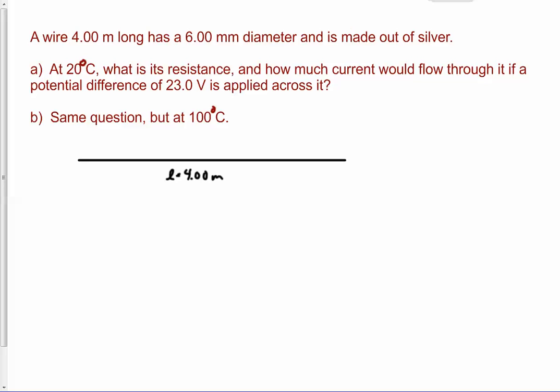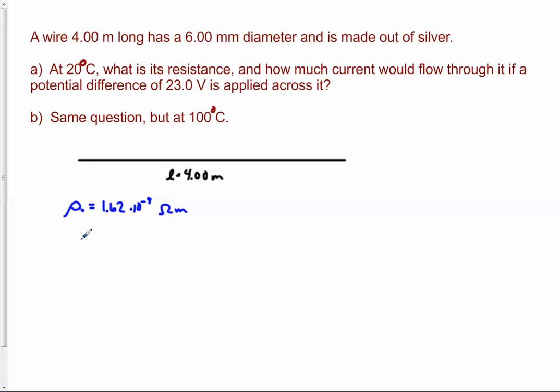Okay, so here's the 4-meter wire, and let's figure out the resistance. The resistivity at 20 degrees Celsius, I look that up, and for silver it is 1.62 times 10 to the negative 8th, and that's in ohm meters. Turns out that's the right unit for this resistivity.